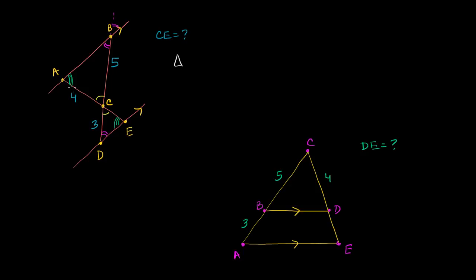So we know triangle ABC is similar to triangle, vertex A corresponds to vertex E, and then vertex B corresponds to vertex D, so EDC. Now, what does that do for us?